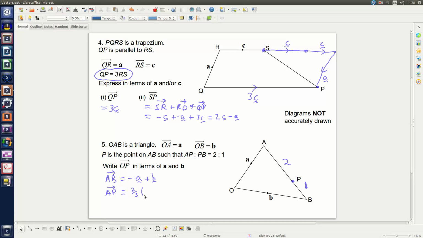So I'm just going to need to find 2/3 of the above result, and that gives me, if you like to multiply out brackets, minus 2/3 A plus 2/3 B.